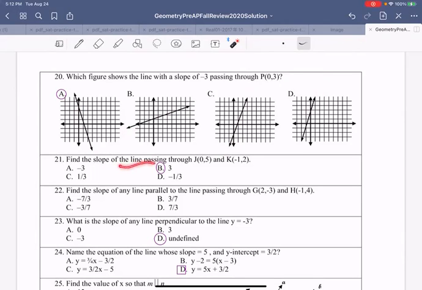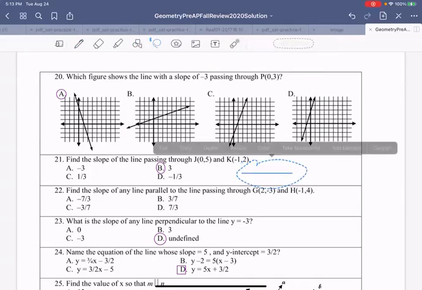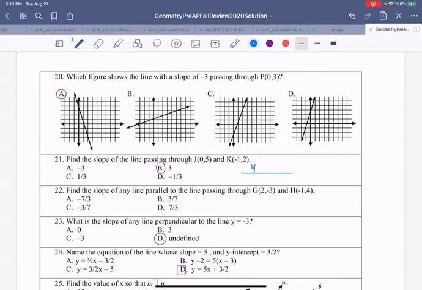And next line, they ask you the slope. To do a slope with 2 points, Angela, what's the slope calculation formula? Go ahead, please. y1 minus y2 over x1 minus x2. Yeah.